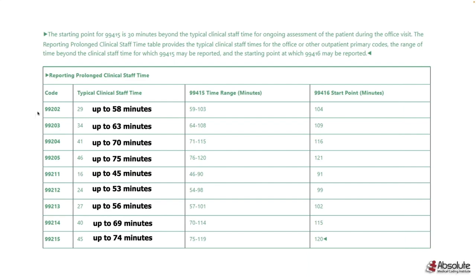So if a doctor encounter comes up as 99202, you will use only this information to determine the typical clinical staff time. For 99202, the typical clinical staff time is between 29 up to 58 minutes. So up to 58 minutes is the typical clinical staff time, and anything beyond that is prolonged time.